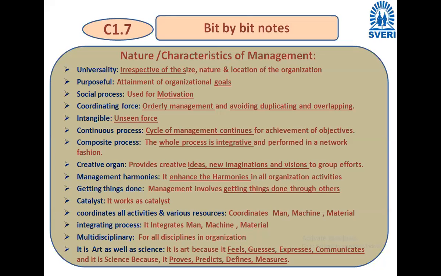But certain words are there like catalyst, then intangible, how it is called as a social process, integrating process, how it is. So if you are not able to remember, note the points. Universality, purposeful, and if you are not able to remember, write the pointers also. Related information you have to write. Note the things from slide.